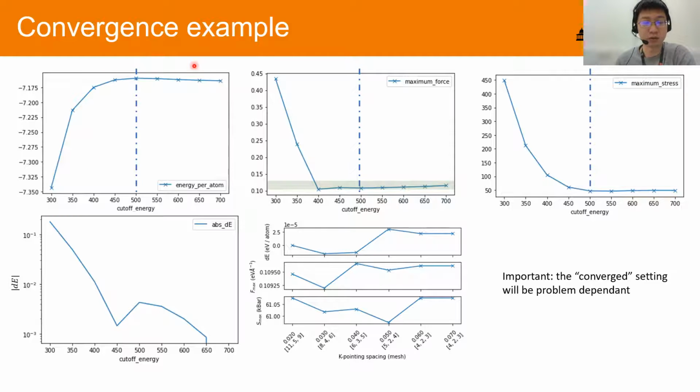I think this is related to the PAW pseudopotential. But essentially, the energy will decrease eventually, but it may continue to decrease. So sometimes the energy alone is not the right property to converge. And remember, when you do a calculation, it's actually the energy difference that matters, usually between two different phases. So transferability is what matters.